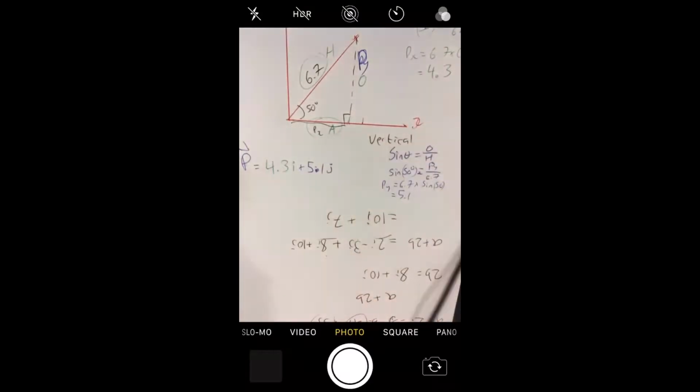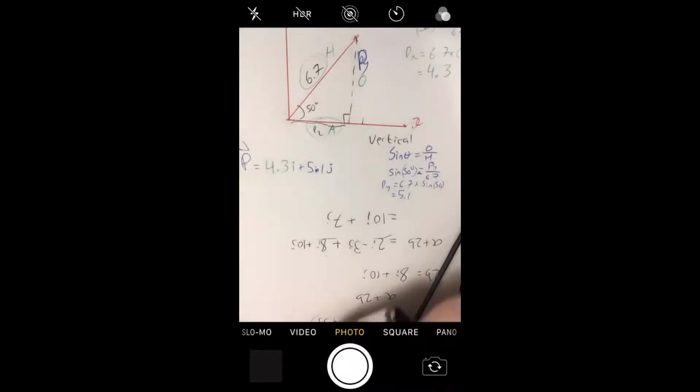That's actually the vector that we've just calculated, 4.3i plus 5.1j, and that's broken down into two components, the horizontal component and the vertical component.